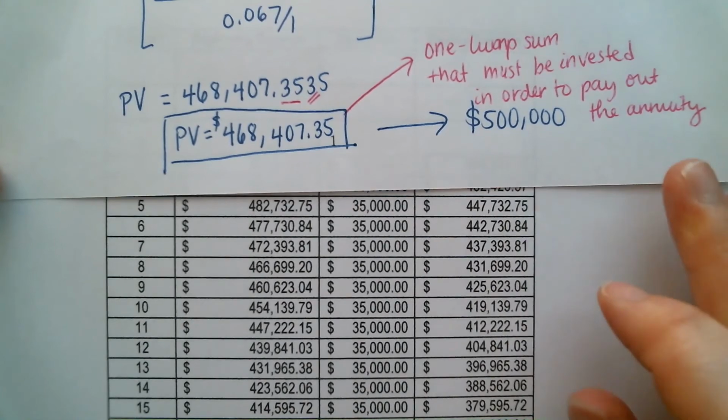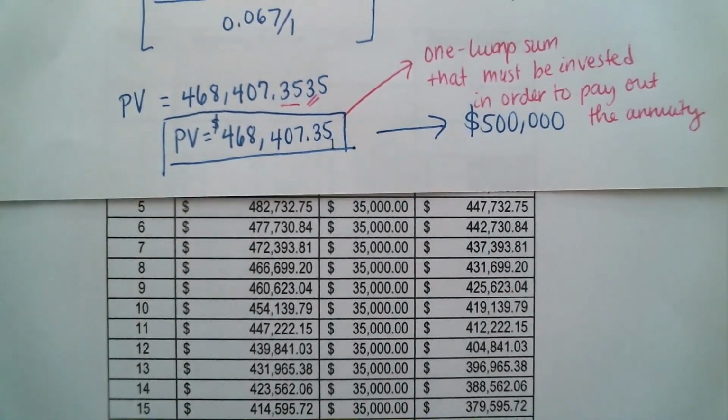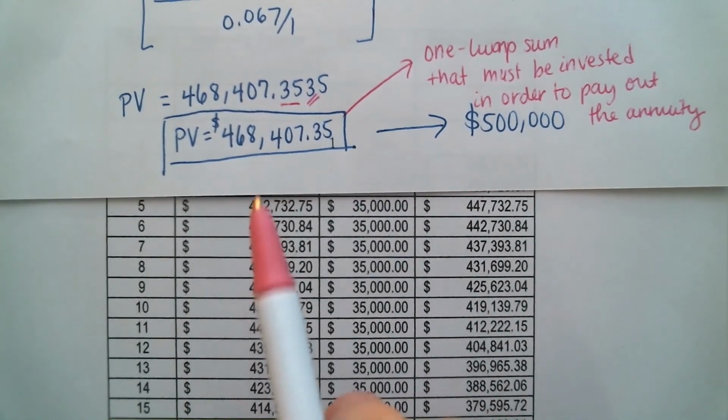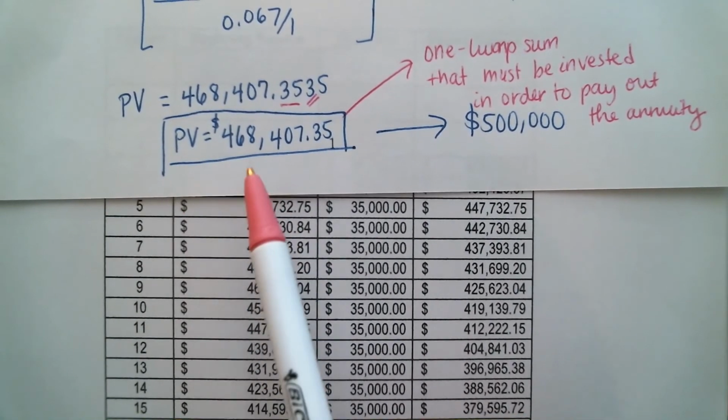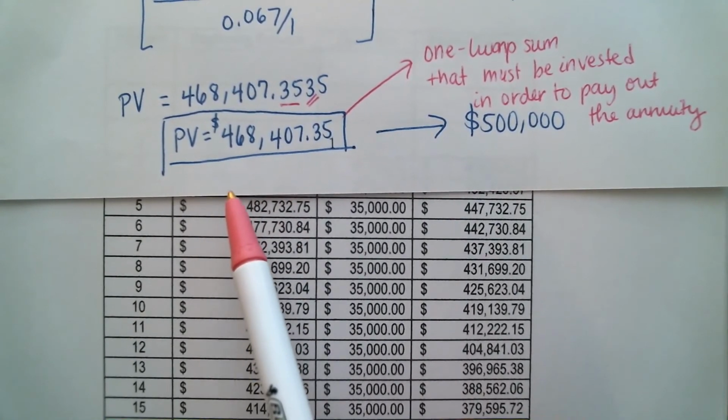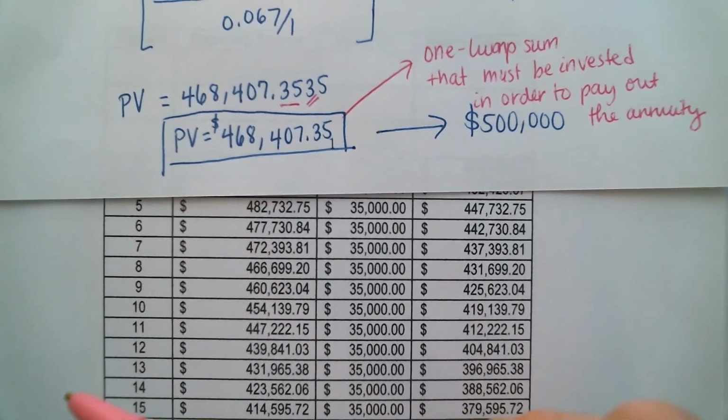So basically this is the one lump sum that the insurance company would have to invest in order to pay out these equal yearly payments of $35,000 for the next 35 years to John's wife and child. So we're going to see how this works.